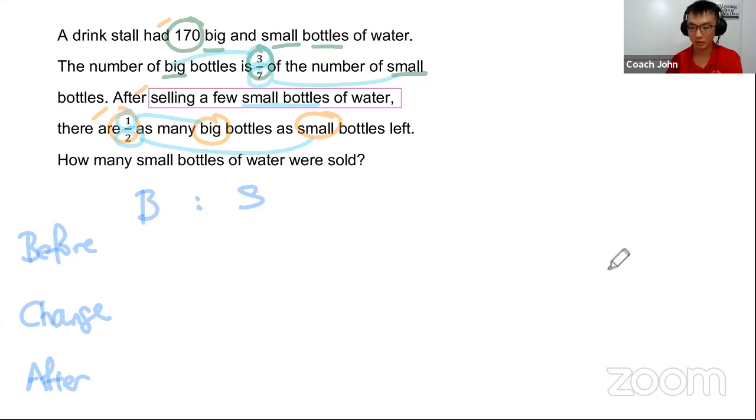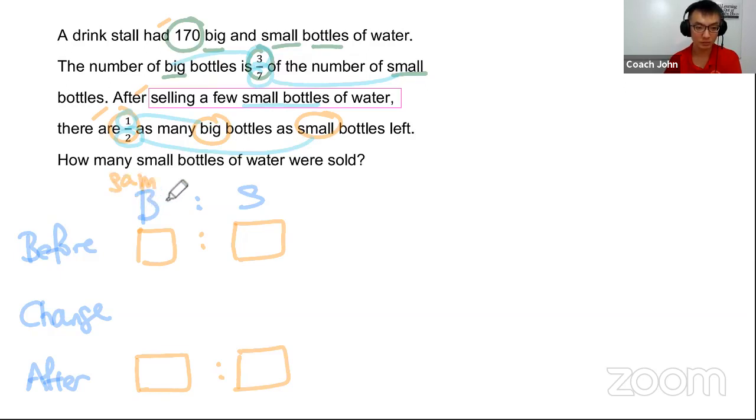Then you have the layout, which is for you to fill in the boxes, the numbers, and also an after ratio. In this case, where will you write the same? Same for big bottles, because the number of big bottles didn't change. Small bottles are sold. So this is called the layout. Sold means there must be a number here.